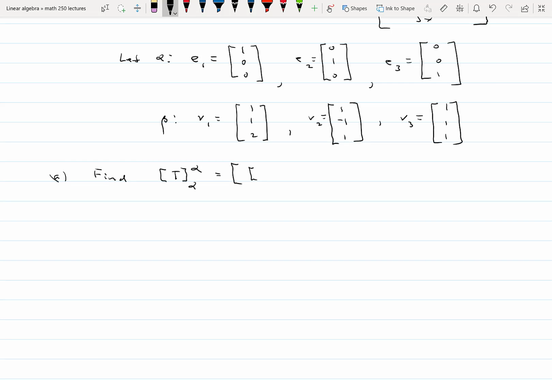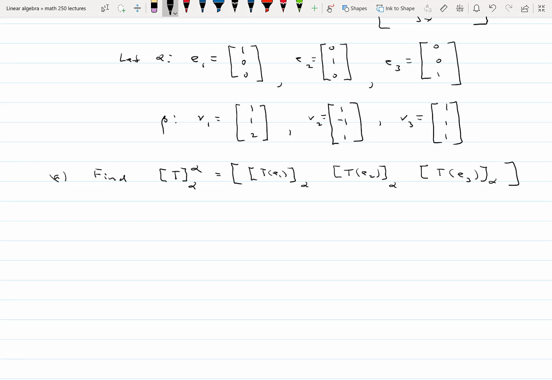The 3 by 3 matrix whose columns are given by T of E1 with respect to alpha, T of E2 with respect to alpha, T of E3 with respect to alpha.